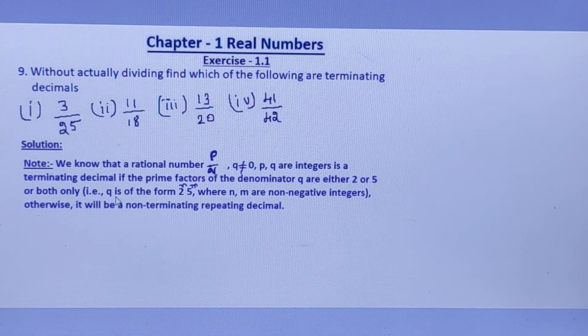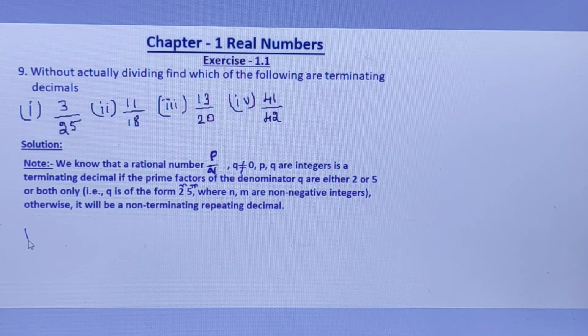That is, the denominator q is of the form 2 power n, 5 power m, where n, m are non-negative integers. Otherwise, it will be a non-terminating repeating decimal. Right? So, we will use this point to determine whether the given rational numbers are terminating decimals or not without actually dividing.